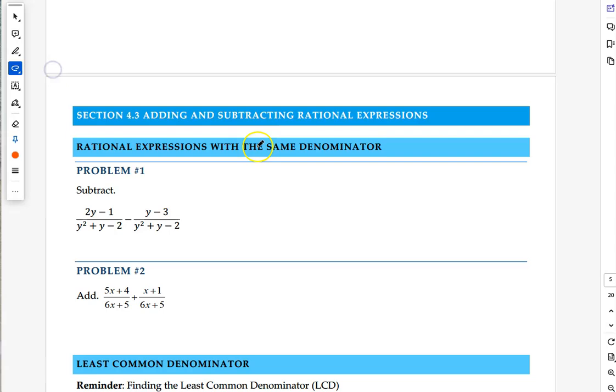I'm going to write that in here: must get a common denominator. That is super important. When we're multiplying and dividing, we don't need a common denominator.